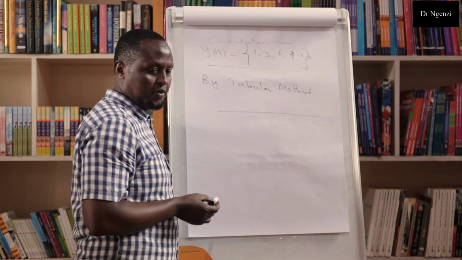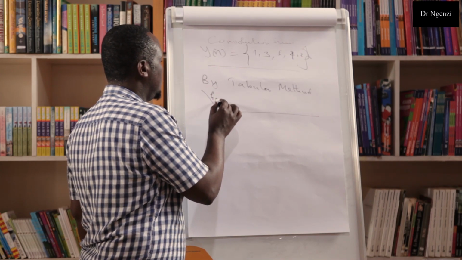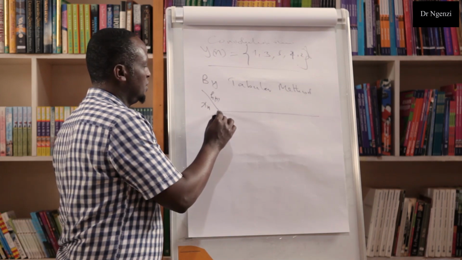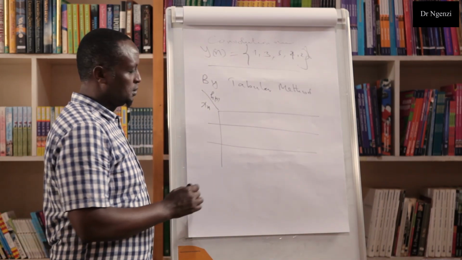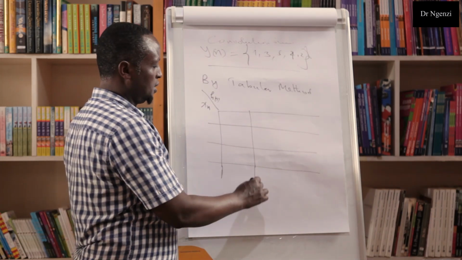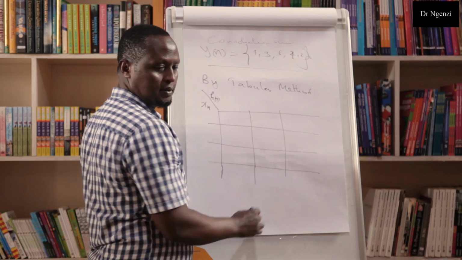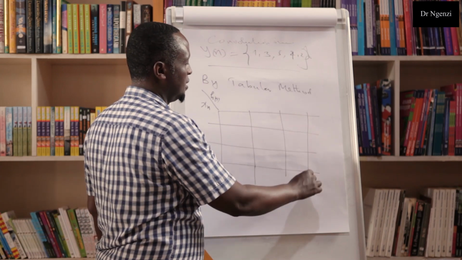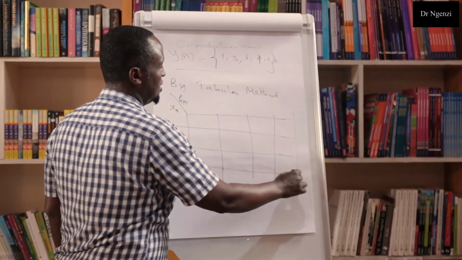Starting from any value, it's going to be h of n, or x of n on this side, and the table columns on this side, 1, 2, 3. Then we can have some other values from the other end, maybe at this side.